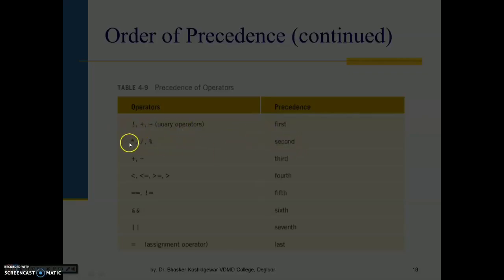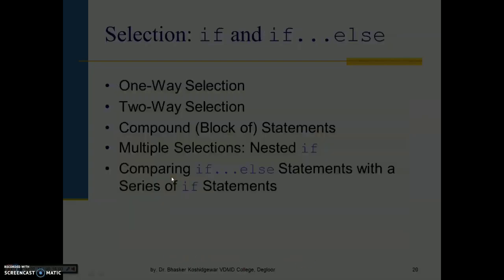Second precedence: star, slash, percent sign. Third precedence: plus, minus. Next, fourth is less than, less than or equal to, greater than, greater than or equal to. The fifth is equal to, not equal to. The sixth is and. Seventh is or, and last is the assignment operator. This is called the precedence of operators.